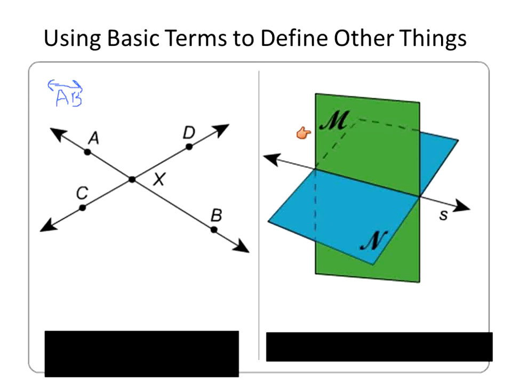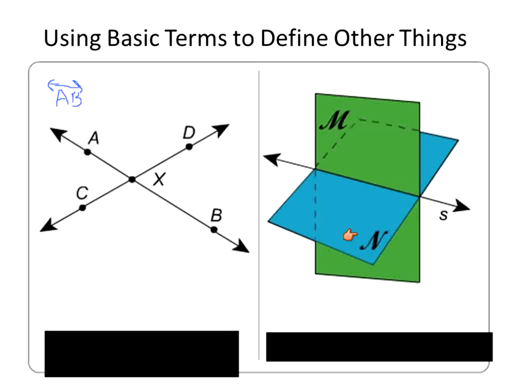Go ahead, Wyatt. Planes. They're called planes. Notice how they label the planes. I didn't tell you that before, but they use like a script letter, capital letter. So this green one would be plane M. The other way you could do it is with the letters too. It's another way to do it. And this would be plane N. Okay? So you've got 2 planes.